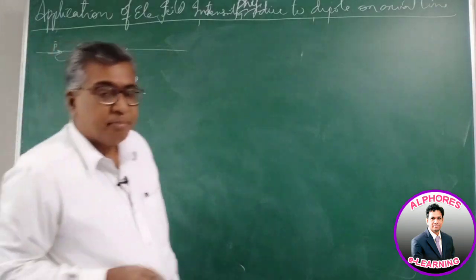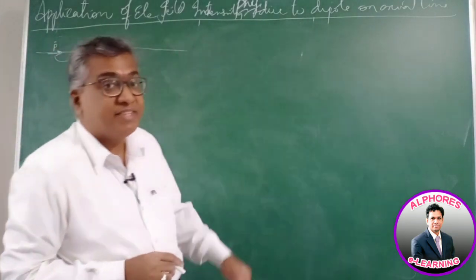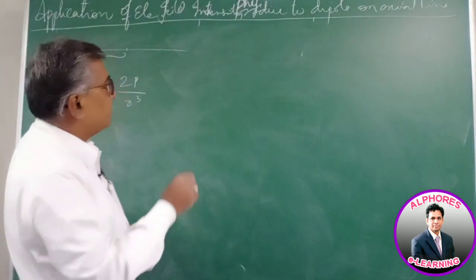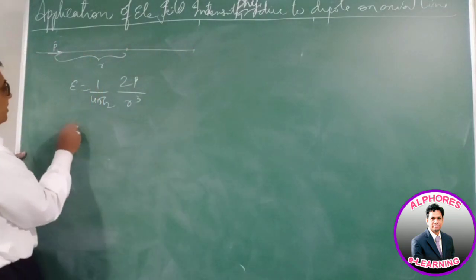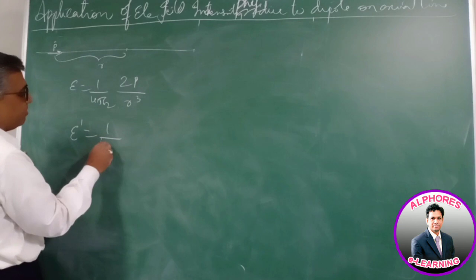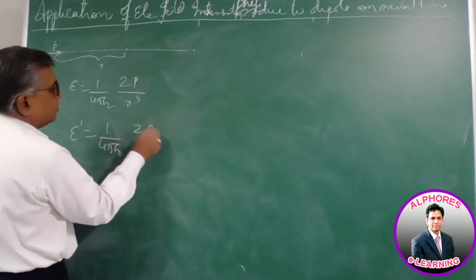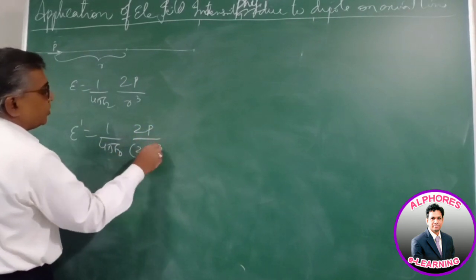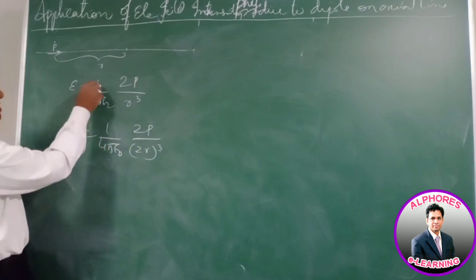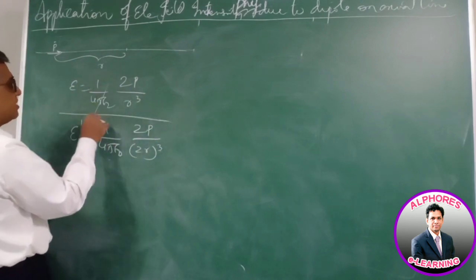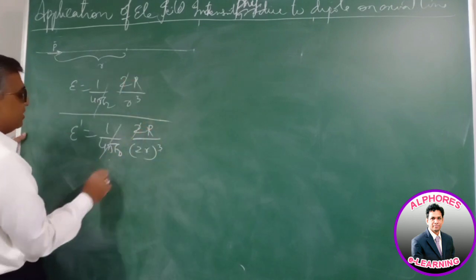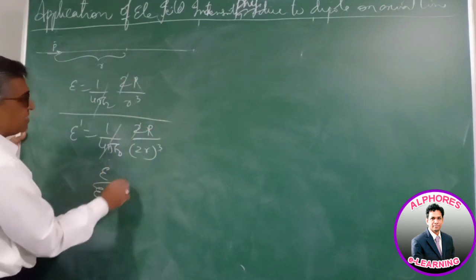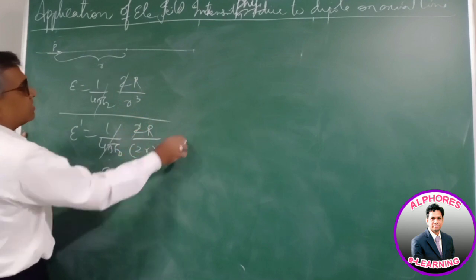Now what happens to the electric field intensity if the distance is doubled? If the distance is 2r, then E dash is 1 by 4 pi epsilon naught, 2p by 2r whole cube. Now dividing this by this, the 2 cancels, and for the same dipole, P cancels. So E by E dash is 1 by r cube by 1 by this, which goes up.